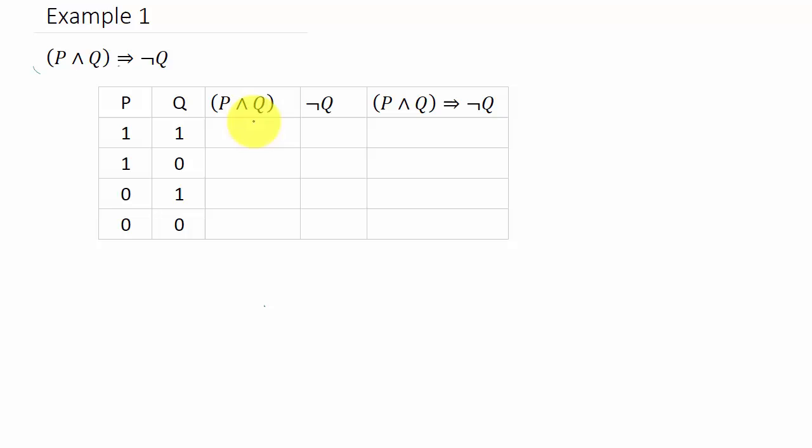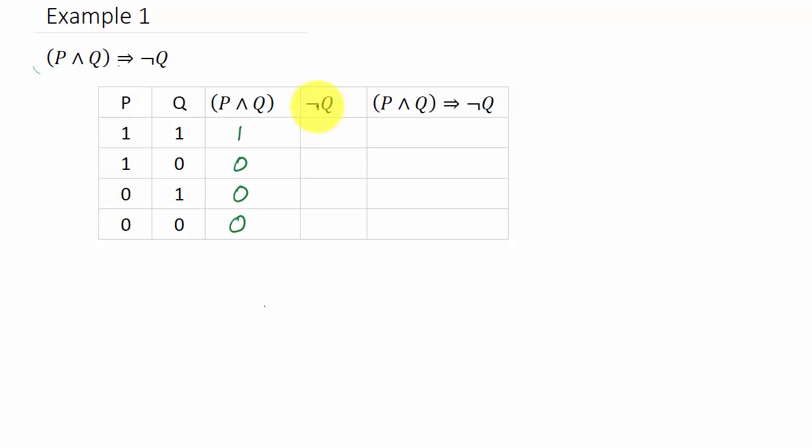Alright, so here we have P and Q. Now remember, in order for this to be true, both of them have to be true. So you can see we have true, true, so that would be true. Here we have true, false, so that would be false. Here we have false, true, so that would be false. And then here we have false, false, so that would be false.